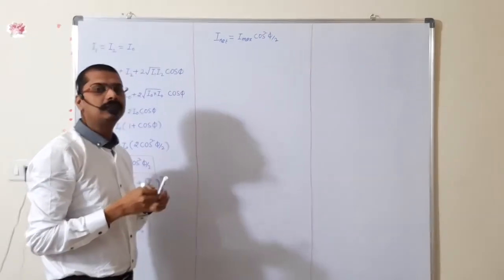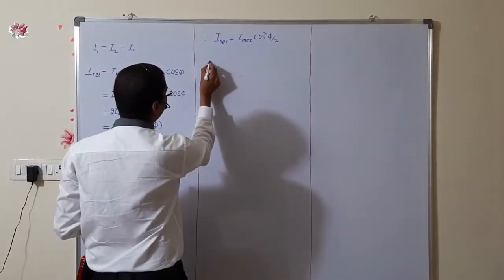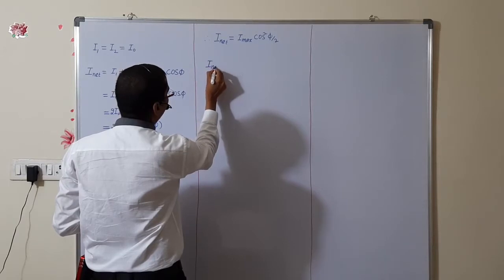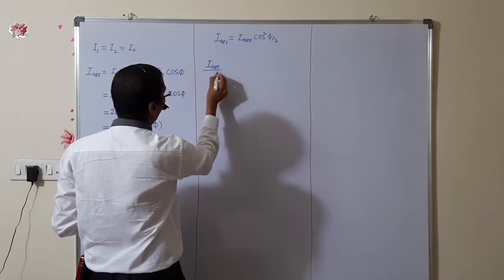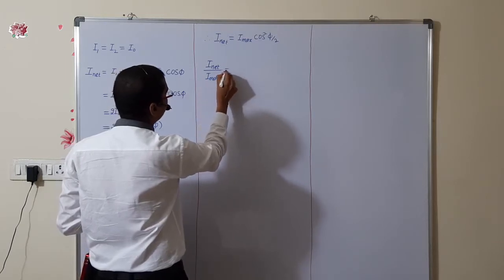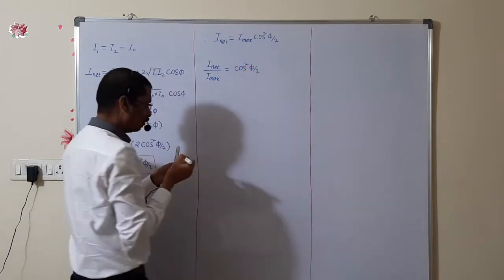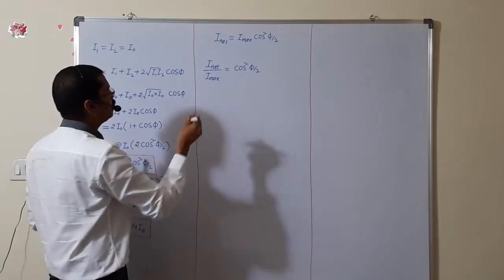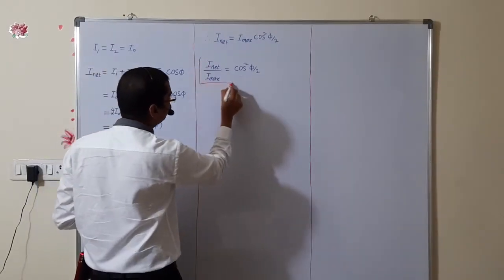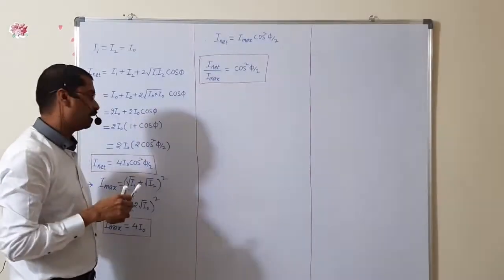Sometimes the question will ask to find the ratio of I net to I maximum. Then I net upon I max is equal to cos square phi by 2. Whenever they ask for the ratio of I net to I maximum, we can find it using this formula.